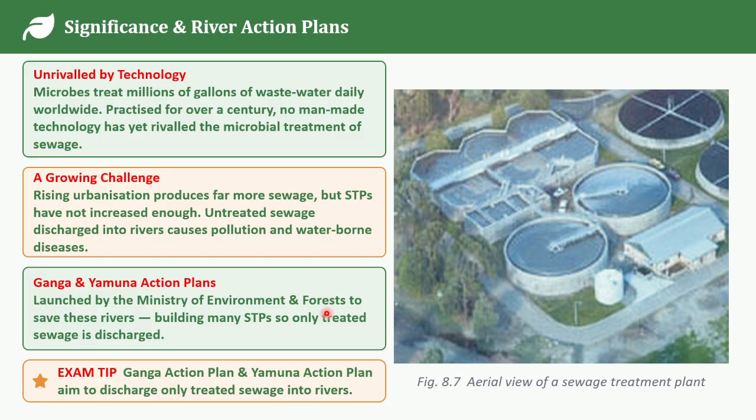What is the main idea of this plan? To build more sewage treatment plants so that the treated sewage, rather than the untreated sewage, is discharged into rivers. And why are the sewage treatment plants important for rivers? Can you tell me? Because they treat sewage and reduce its polluting effect before the disposal.